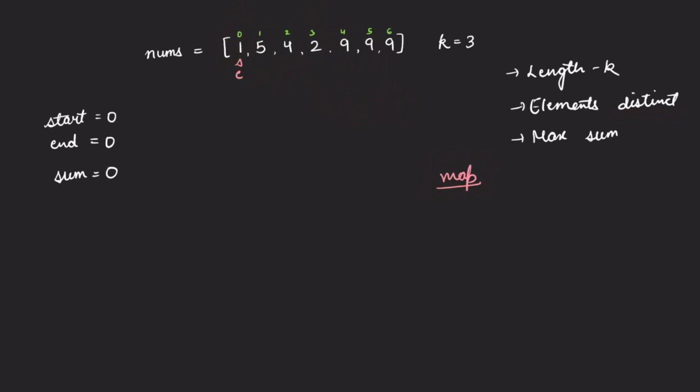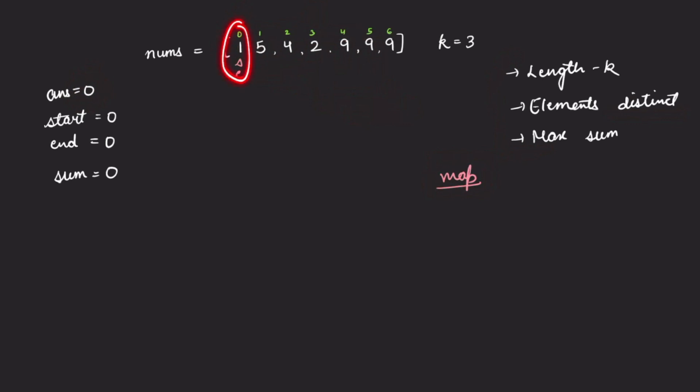This sum will denote the sum of the current subarray, right? And then you can also take an answer variable for storing the maximum sum. We have kept it 0 because in case there are no subarrays satisfying these conditions, then you need to return 0 as your answer. That is why this is 0, right?